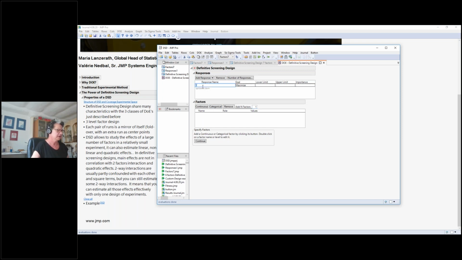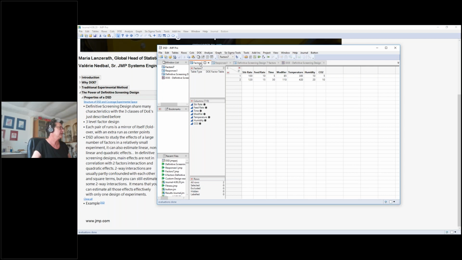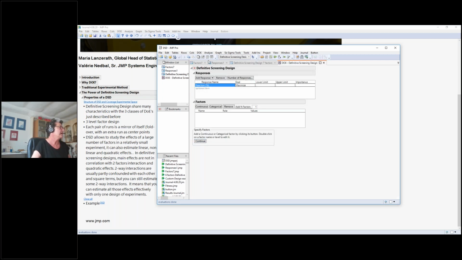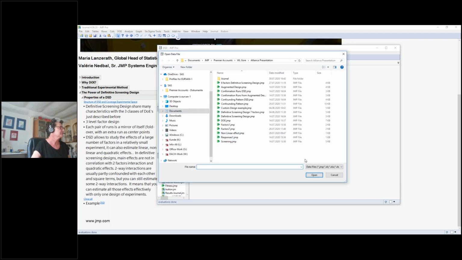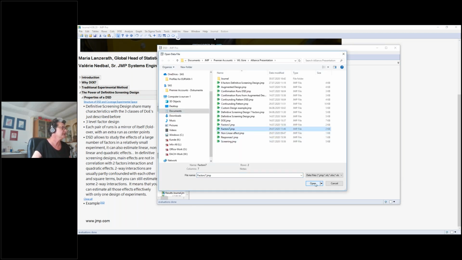In our case, we want to build a design with our reaction, for example, as a percentage. And for the factors, we want 7 different factors. If you already have your factors open as a table, you can simply ask JMP to load your different factors. And we have them here.